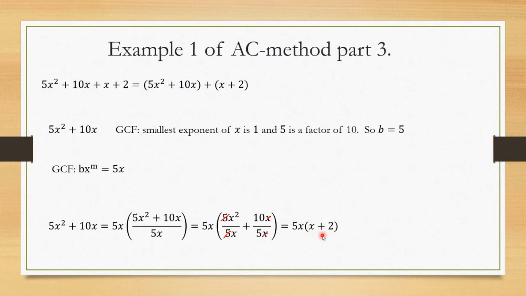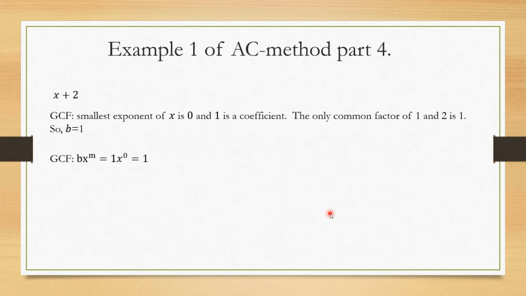Now, since x plus 2 is the polynomial left over, that tells us right away that the GCF of x plus 2 has to be 1. Remember, if you factor out the GCF, what's left over has a GCF of 1. You could also argue this way, as I did over here, that this has a coefficient of 1 and a non-zero constant.